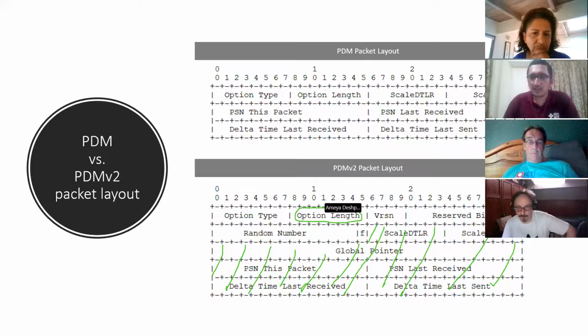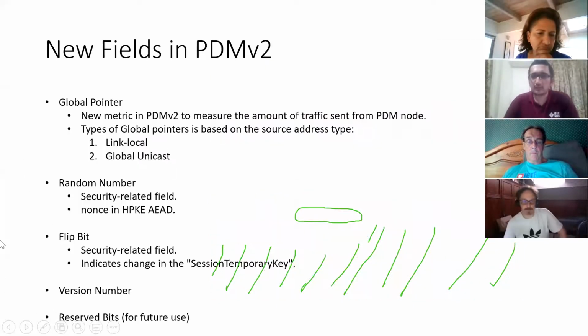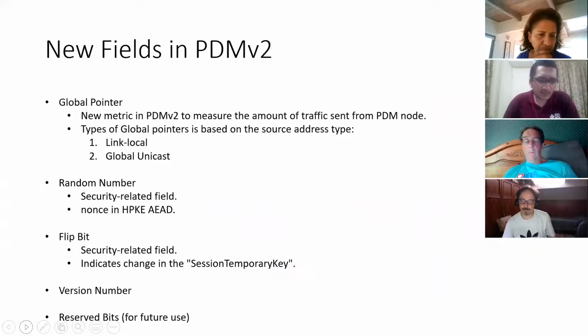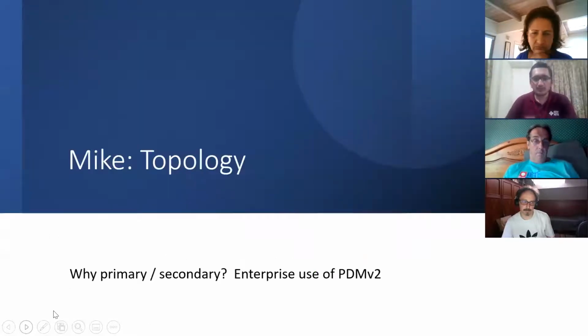Yeah, I think that's it, Nalini. You can go to the next one. Okay. So yeah, that's it. And the version number is just for the user to know that they're using PDMV2. And there are flip bits reserved for future. So this was the overview on PDMV2 from my side. Okay, I'm done, Nalini. Thanks.